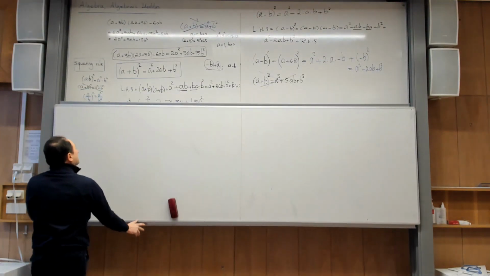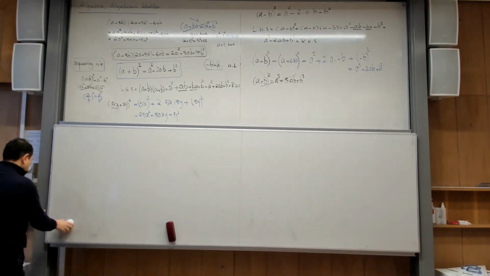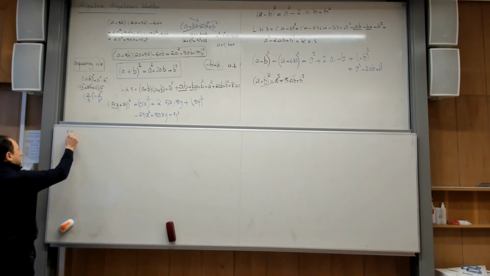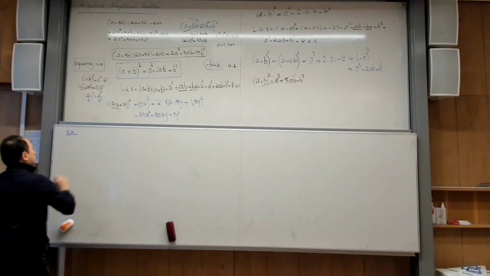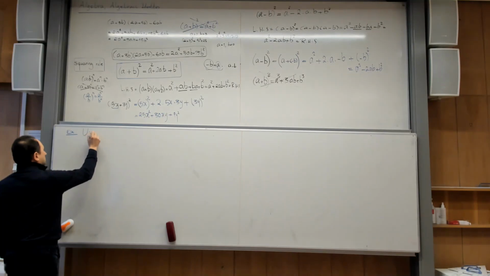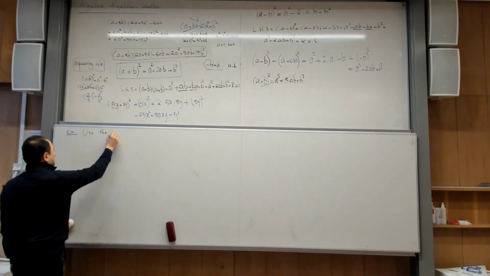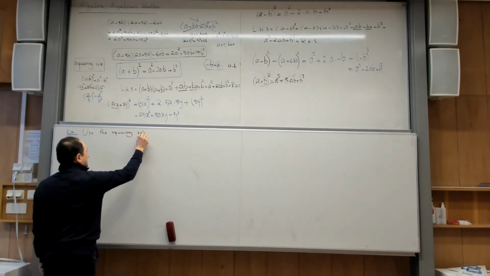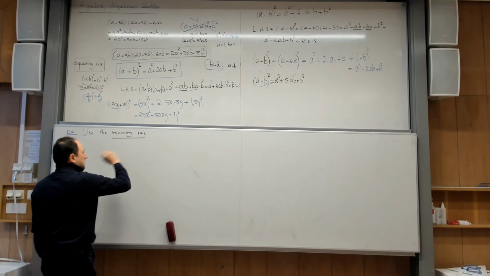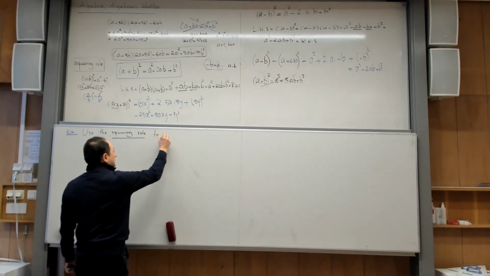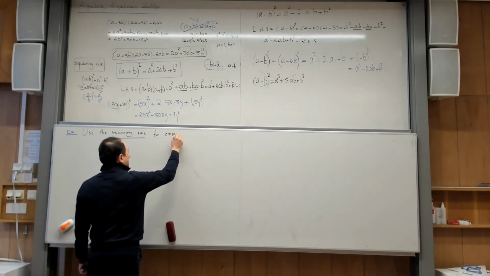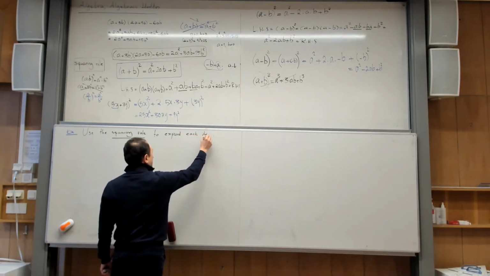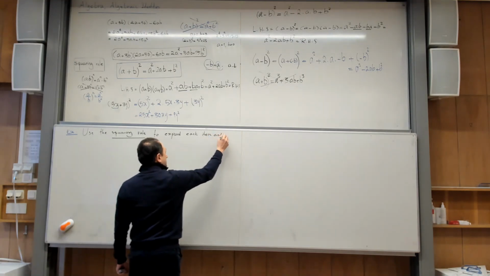Okay, so let me write this example now formally. Use the squaring rule. So you see, I emphasize here to expand each item, and simplify as much as possible.